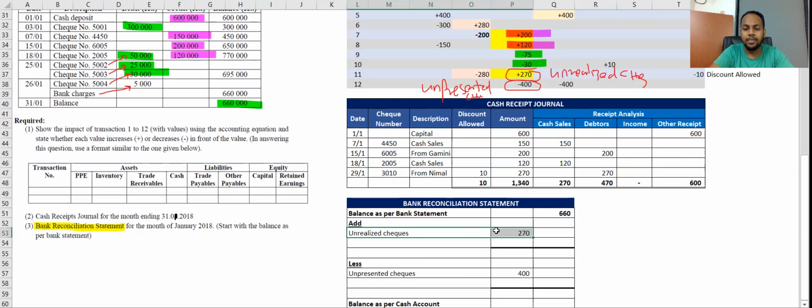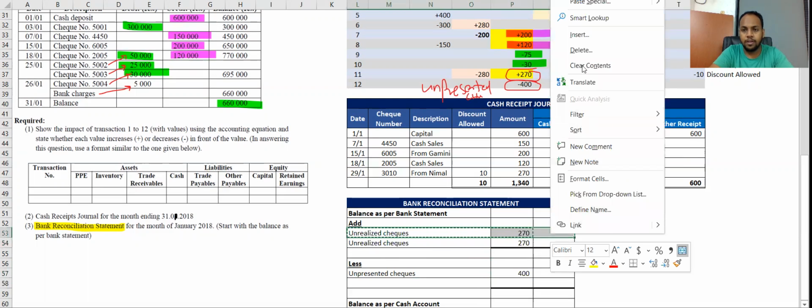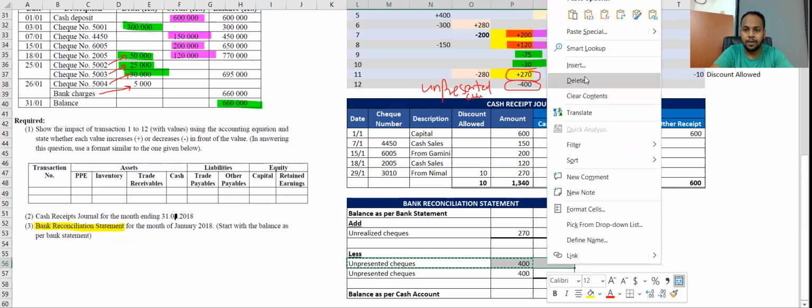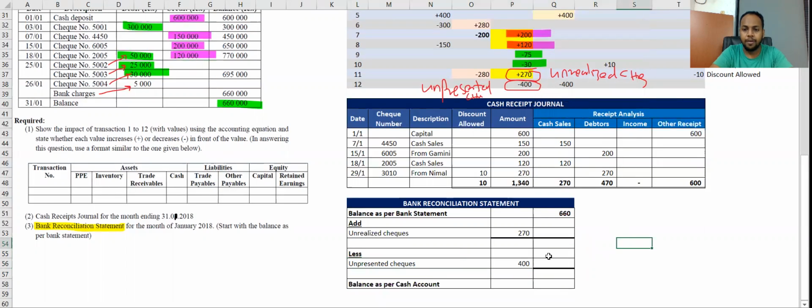So we don't take bank charges to the reconciliation. Bank charges will be recorded in the adjusted cash book. Okay, so we take the balance.